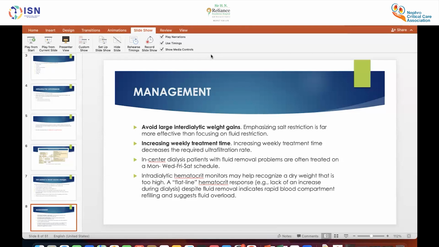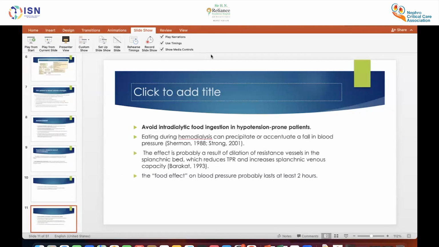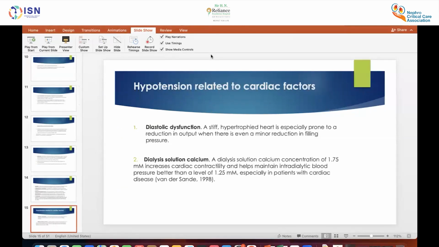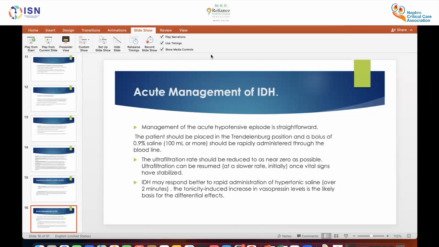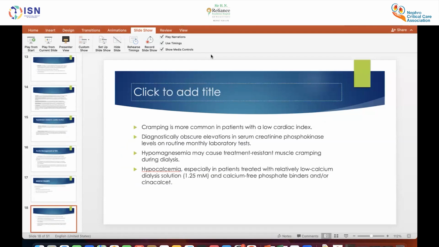regarding the sodium profiling. Dialysate sodium, you have mentioned one. One is calcium, you have mentioned. The other one is dialysate sodium. Sodium modeling, yes.